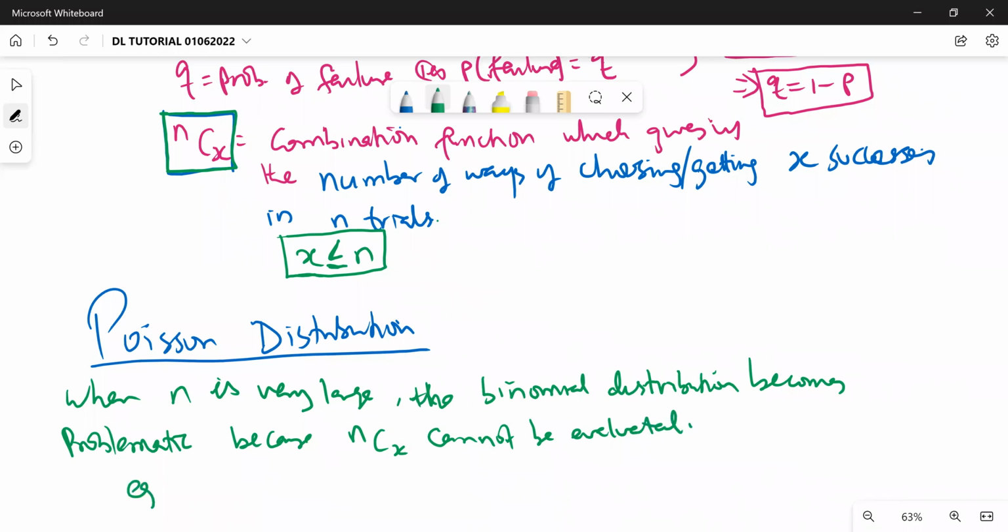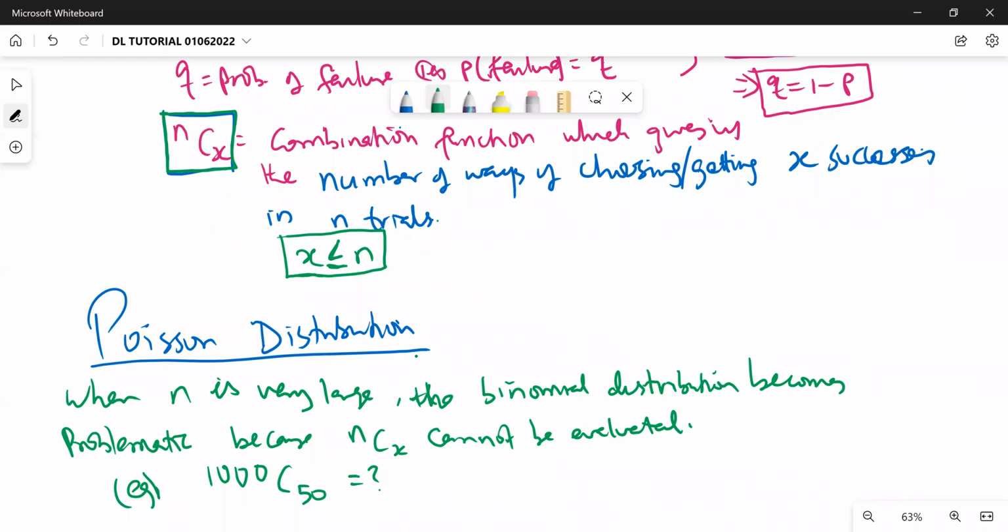For example, let me figure out something here. If you have 1,000 trials, let's say you want combination even 50. If you evaluate this value here, your calculator will not be able to evaluate that part.